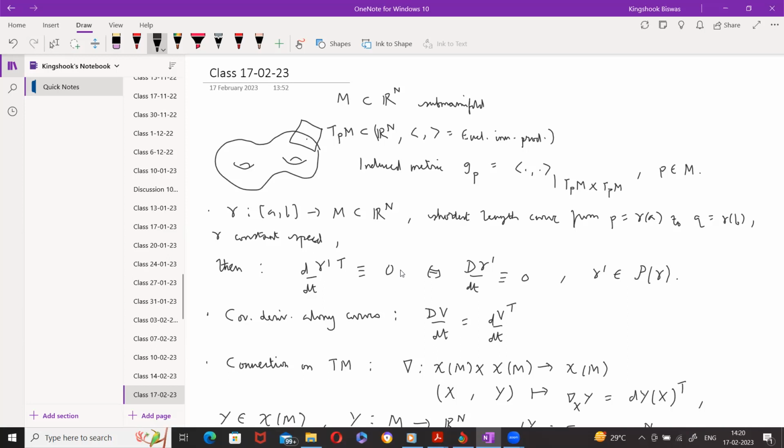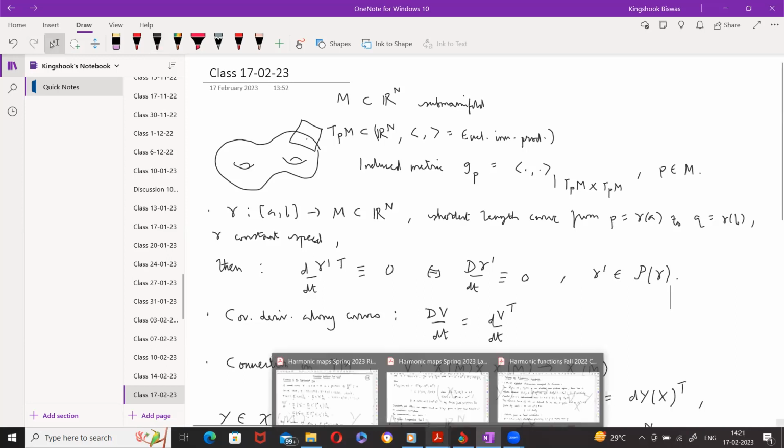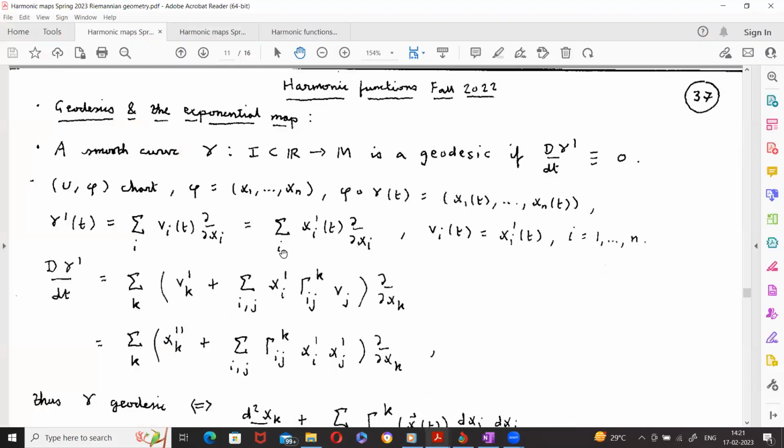Okay, the acceleration in M. So such curves whose acceleration is 0 will be called geodesics. Okay. So now we have a general Riemannian manifold. So then we say a smooth curve gamma in M is a geodesic if the covariant derivative of gamma prime is 0. Okay.